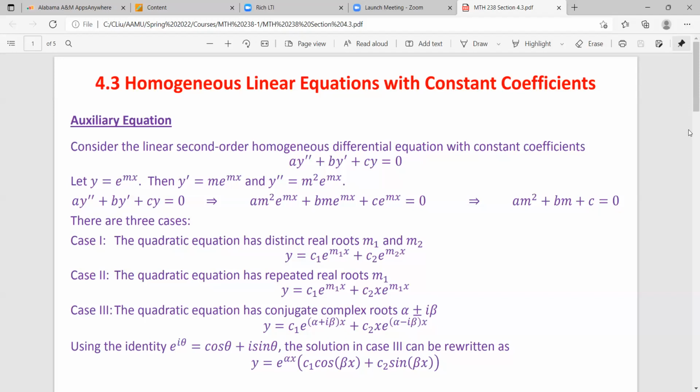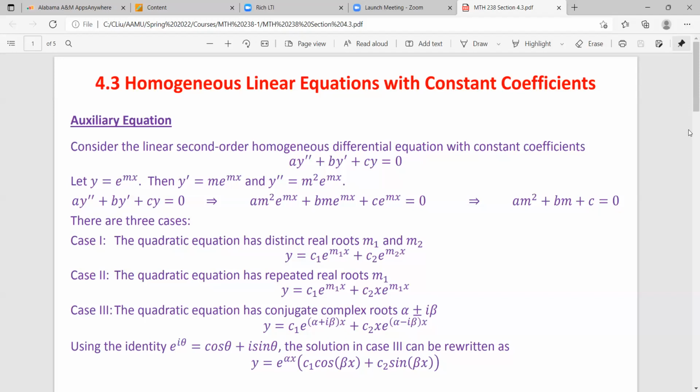Namely, alpha plus i beta and alpha minus i beta. They are conjugate to each other, and they are both solutions to the quadratic equation. If you do the Wronskian of the two solutions, e to the alpha plus i beta x and e to the alpha minus i beta x, they are linearly independent. The Wronskian is not zero.